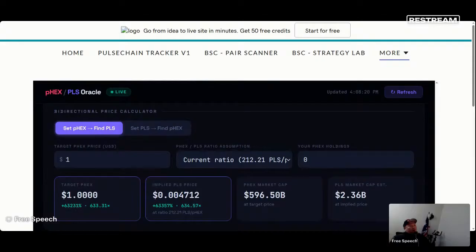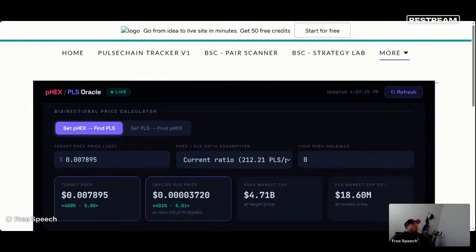Yeah, so HEX at $1, we're a long way away from that. If HEX was to get to $1, PulseChain say it gets to 0.004712, that would be a lot of capital, and all of a sudden that bond market that we were talking about before maybe gets used, maybe it doesn't. That would be a lot deeper, a lot heavier than it is currently.